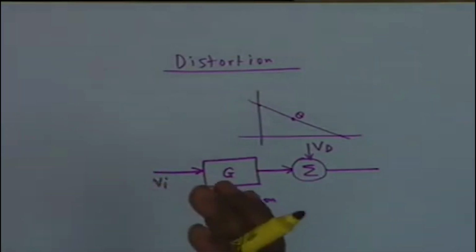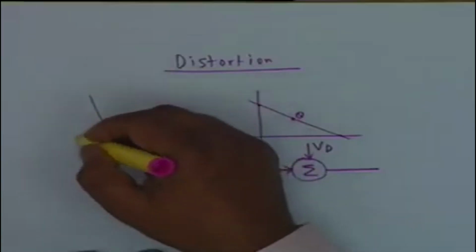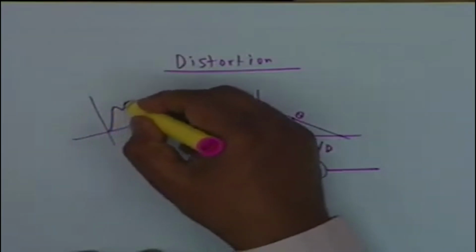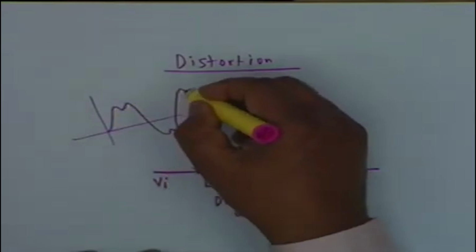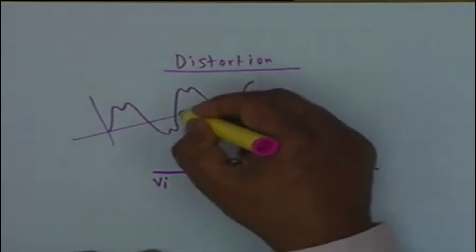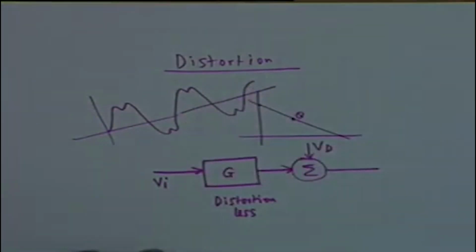We are looking upon the output as being due to the output of a distortionless amplifier added to a distortion. All right, can you do that? It should be obvious that we can do that. That is, you take the distorted waveform. For example, if you have a waveform like this, can you tell me what kind of distortion is this? There is a dip here. This is due to the second harmonic.